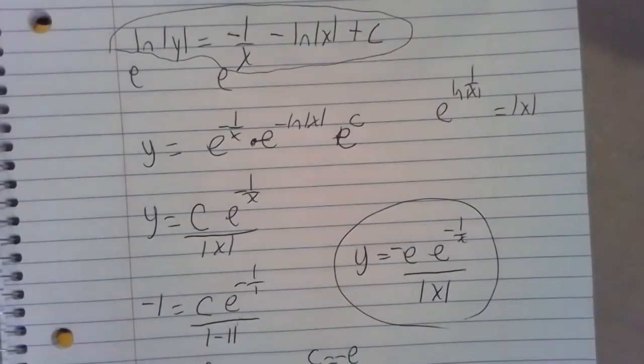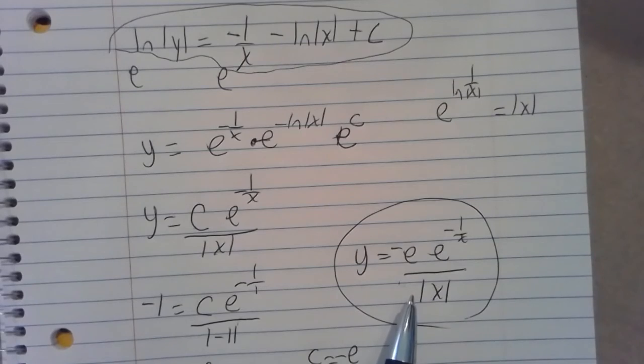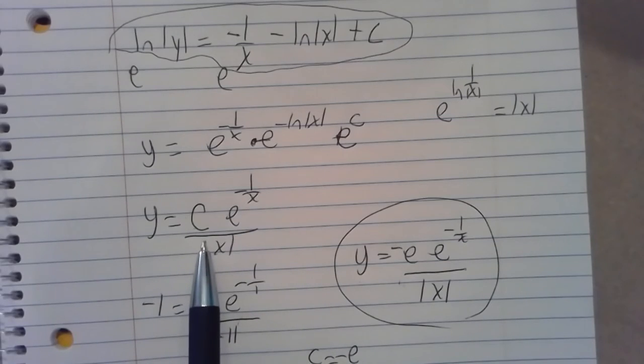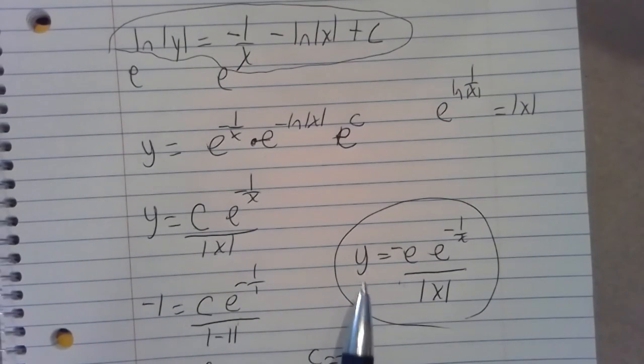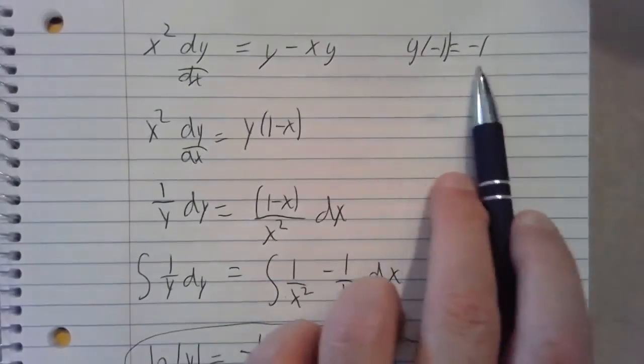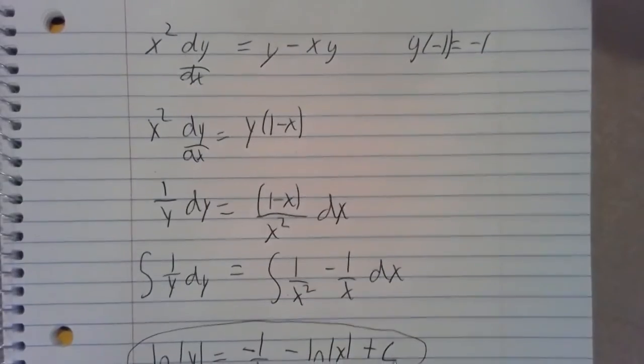That final answer would still be the same. So it doesn't matter that we've changed what we meant by C, our constant of integration. What matters is that we solve for C using the initial value problem and then use that value down here.